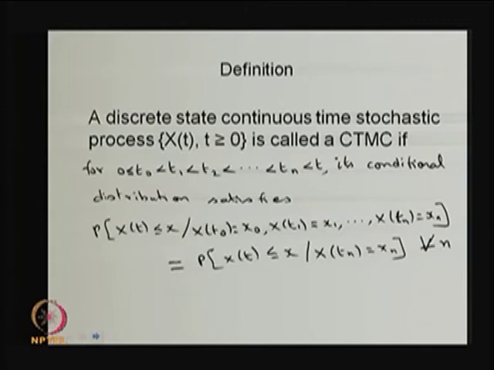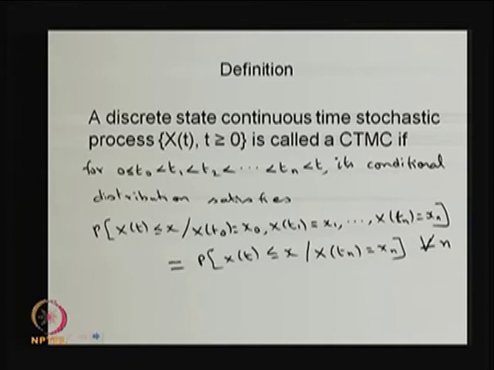I know the information. That means what is the probability that in the future the random variable x of t will be in some state, given that it was in the state x0 at time point t0, it was in the state x1 at the time point t1 and so on. Latest at the time point Tn, the system was in the state xn.